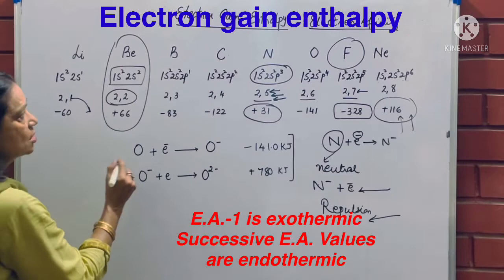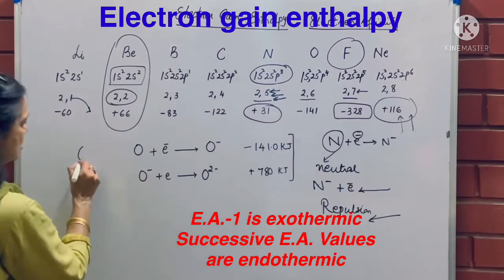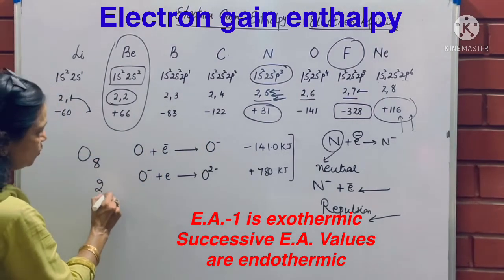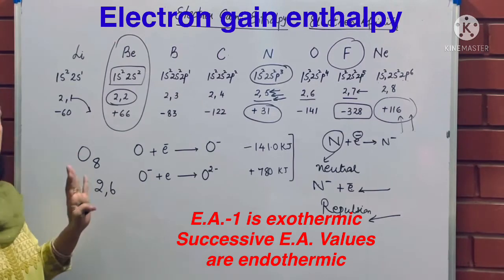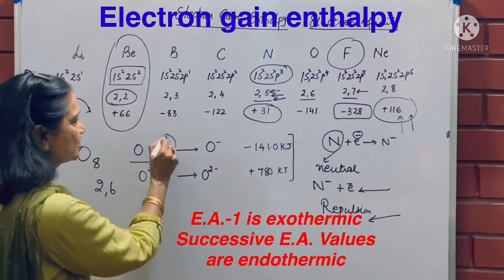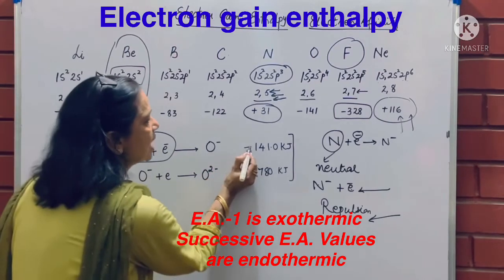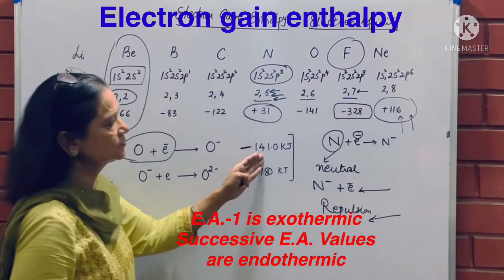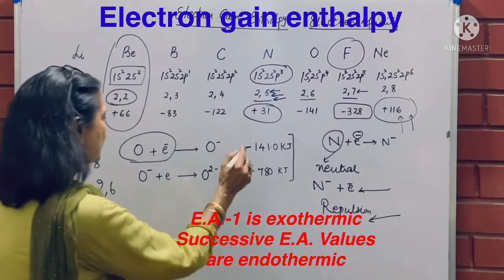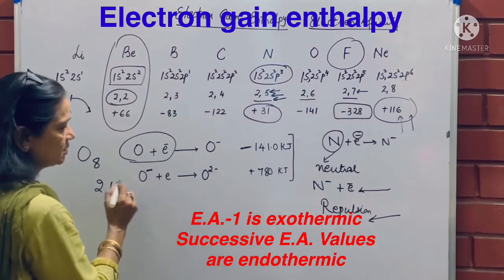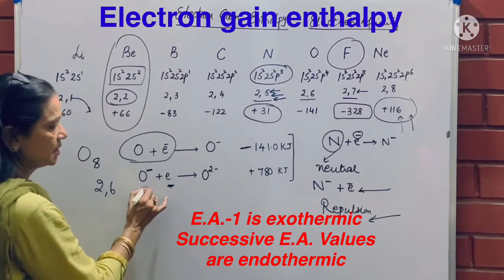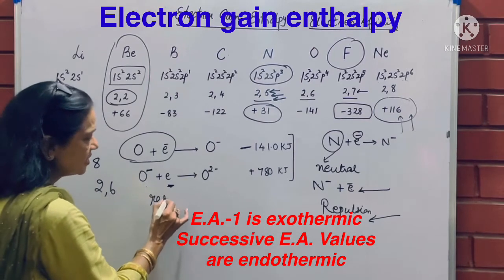Similarly in this case, oxygen is atomic number 8. It is 2,6. It requires 2 more electrons. The first electron, when I add it, becomes O minus and a large amount of energy is released, minus 141 kilojoules. But the moment it becomes negatively charged and I give it another electron, it is now facing repulsion.